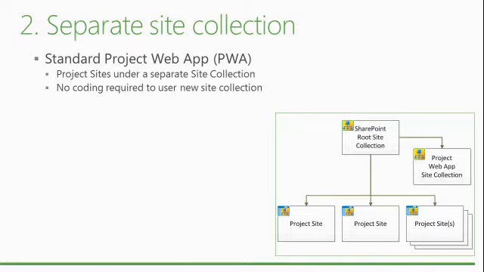If you've already done that and you're using out-of-the-box configurations at the moment, you can go into server settings and change where your future projects and project sites will be deployed. And then you could actually migrate your other ones and change the links as well.